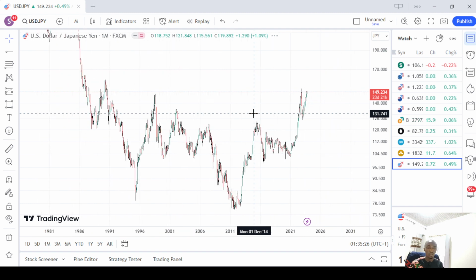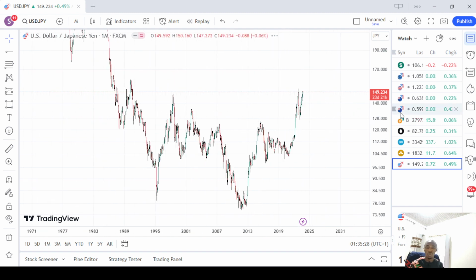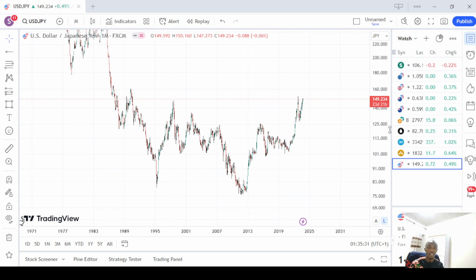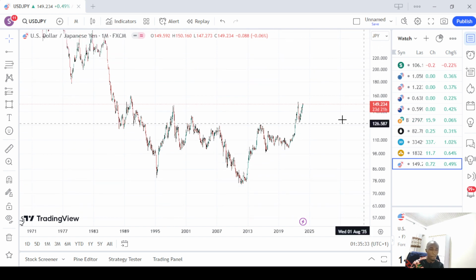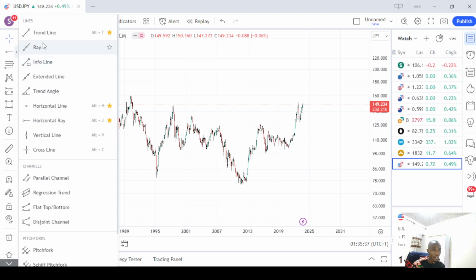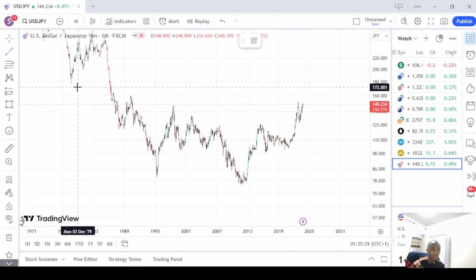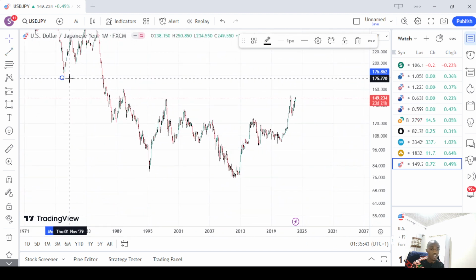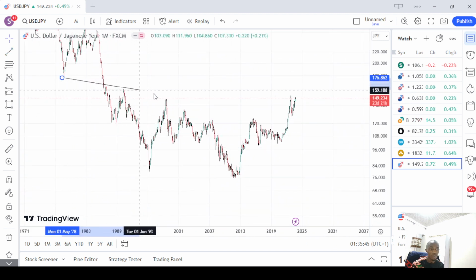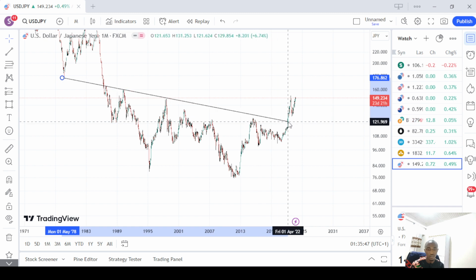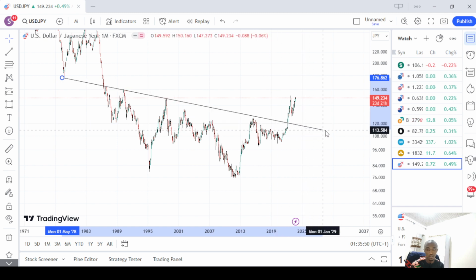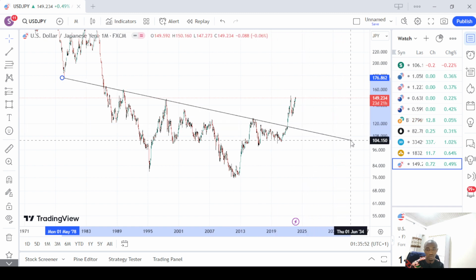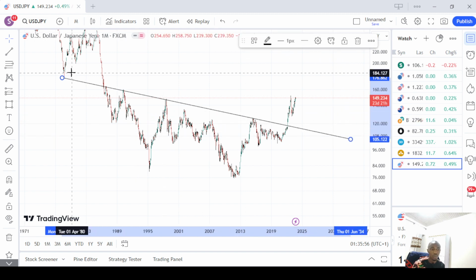There's this trend line, more of a psychological level on UJ, that spans across all of this.